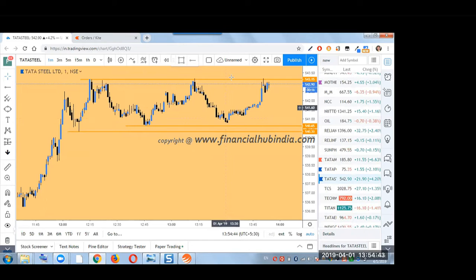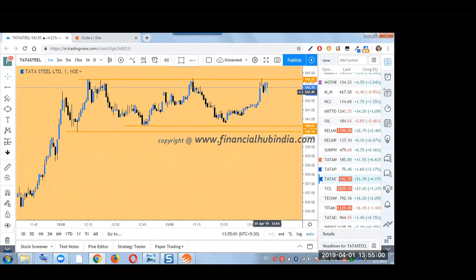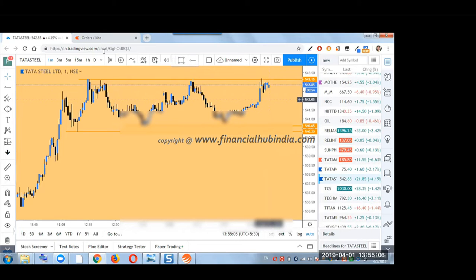And this is our first target actually, which is 543. But I'm still holding it. I'm expecting a breakout actually. If it's not breaking out, then we'll be exiting this trade. For now, I want to trail my stop loss below this low, which is 542. So around 542, I want to trail the stop loss.